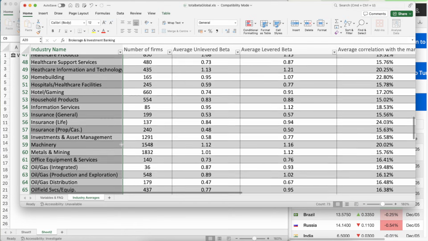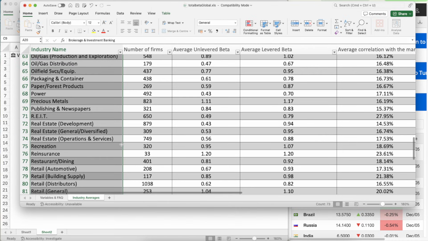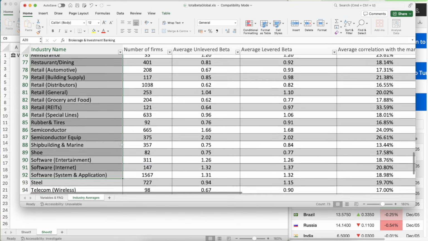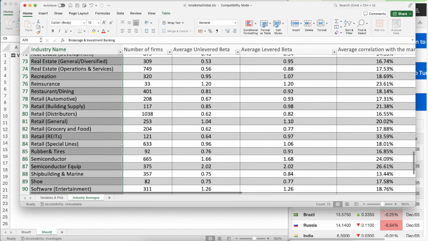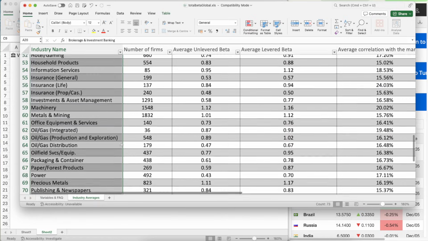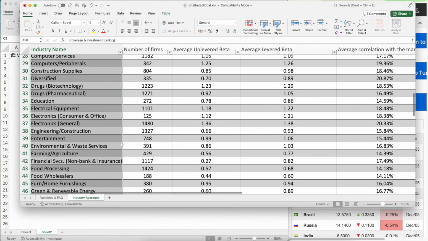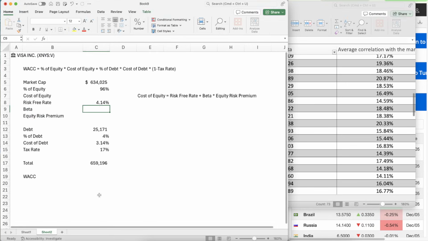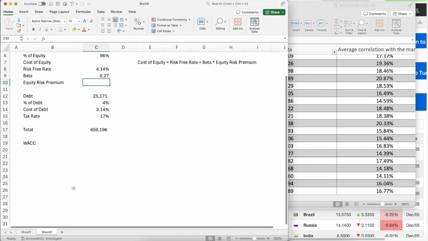I would probably say, if there's a payment or fintech. No, there isn't. So we can actually just use this 0.27. When we find a company that operates in multiple industries, I'll show you how to build that beta then. But for now, let's just do that.